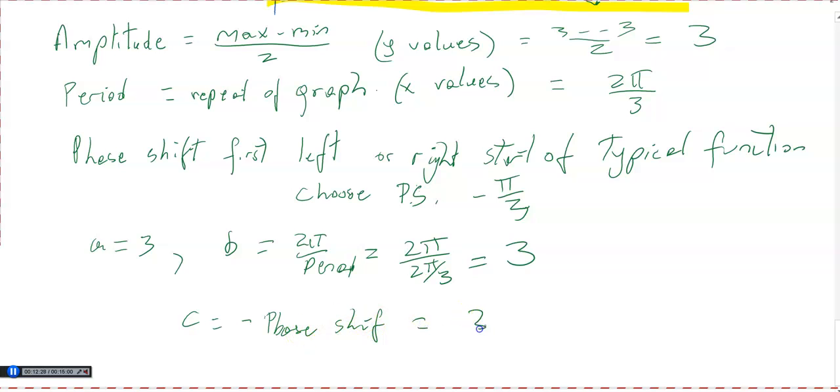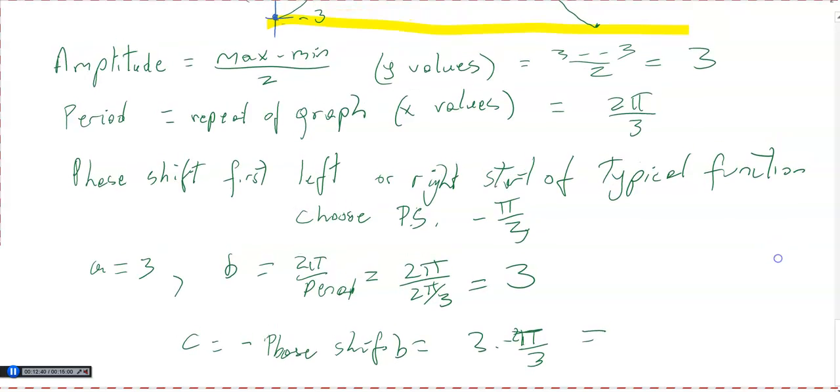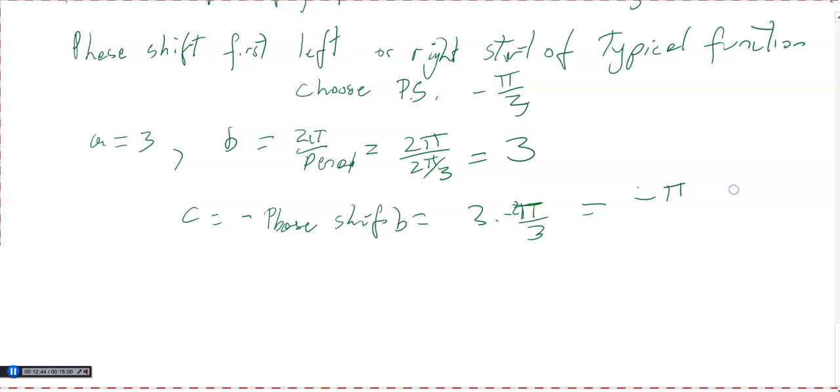So it's 3 times -pi over 3, and that's going to be -pi. So our equation would be f of x equals 3 cosine of 3x minus pi. And there's no vertical shift.